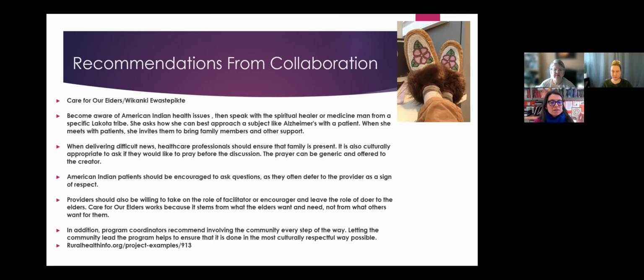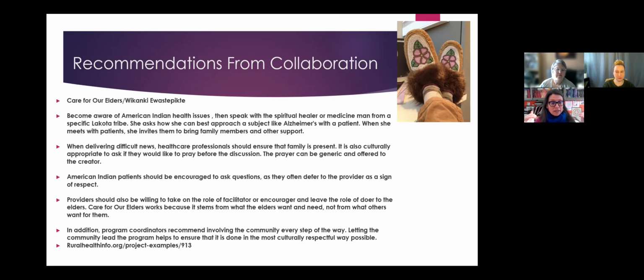These studies were specific to Alzheimer's, just as an FYI. And when delivering difficult news, it's important to be mindful of the family being present and the importance of avoiding some of those more distinctive words, such as death or dying. And we have a slide on that coming up.